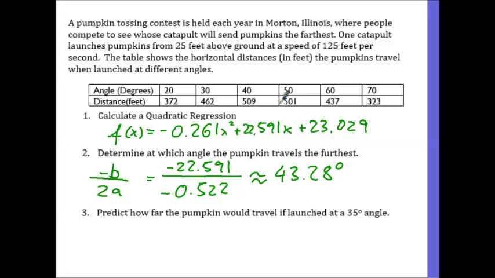That sounds about right. And since the y-coordinate 509 is higher at the 40 than the 501 is at the 50, we can say, yeah, we're probably going to have an angle which is closer to the 40 than to the 50. So this number makes perfect sense.